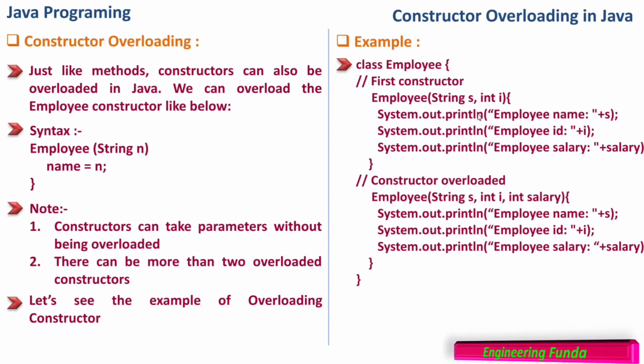There are two parameters here, and it prints with system.out.println: employee name is s, id is i, and salary. Here there is no salary, so it will print 0 if this is defined in the class. And here it is taking the salary value. So s is the employee name, i is the ID of the employee, and salary is printed.